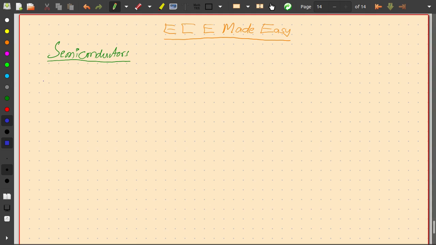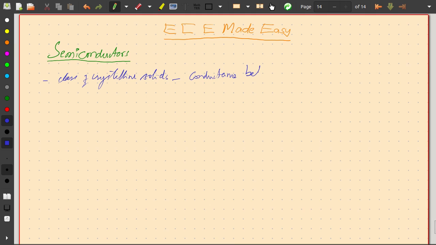Semiconductor is a class of crystalline solids which has got a conductance between conductors and insulators.